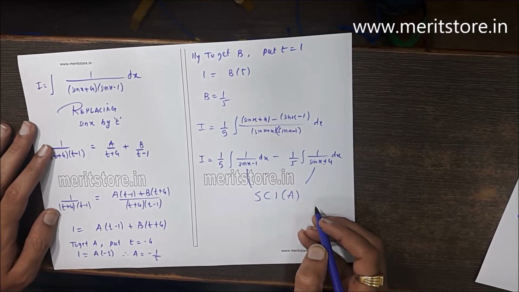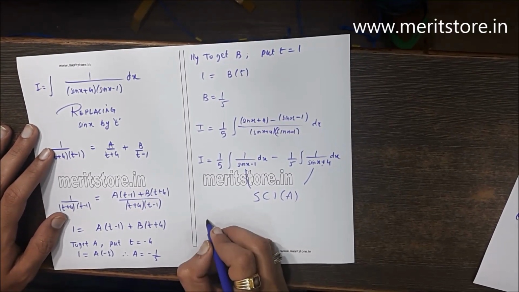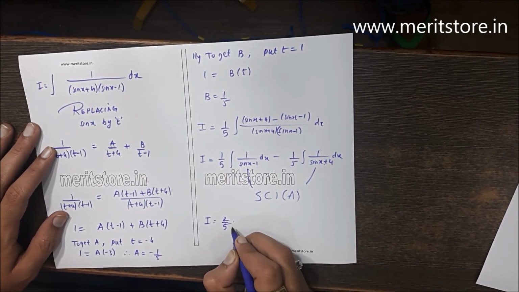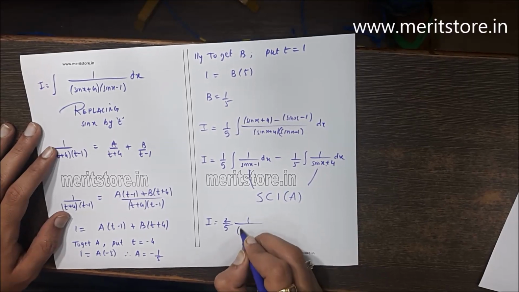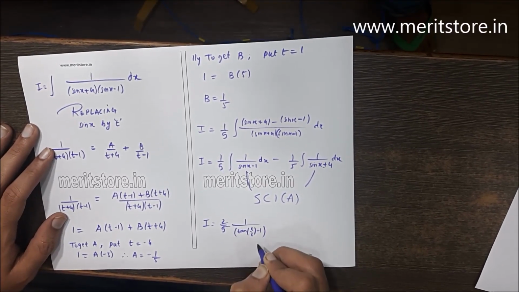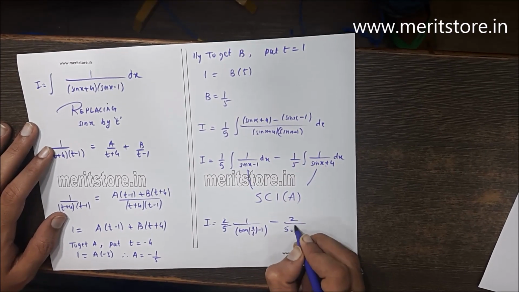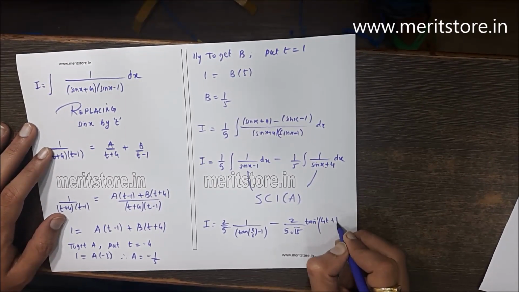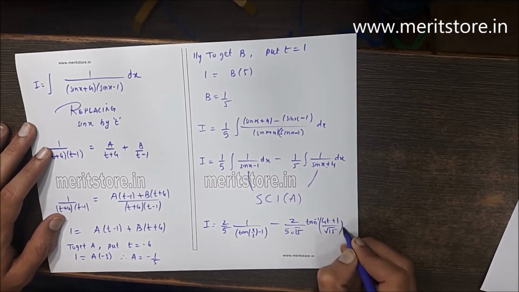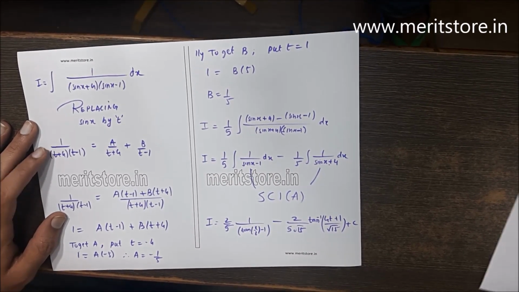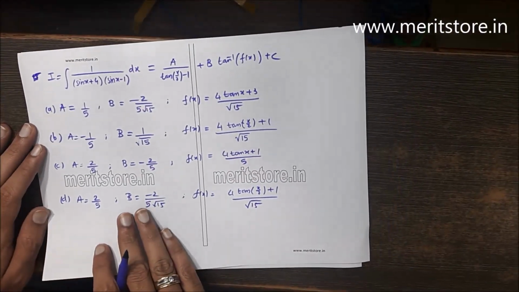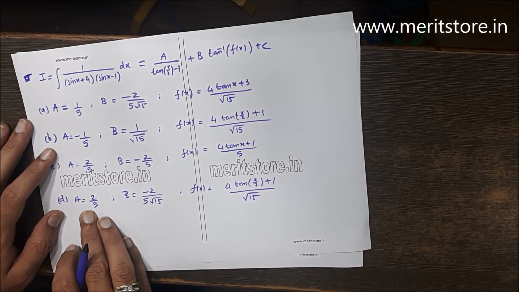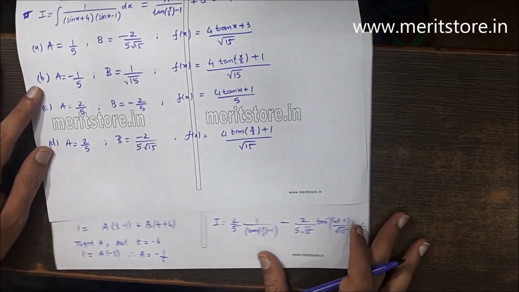On solving that entire equation, my answer will be 2 upon 5 into 1 upon (tan of x by 2 minus 1) minus 2 upon 5 root 15 tan inverse of (4t plus 1) upon root 15 plus c, which is our option number D, which matches it entirely.